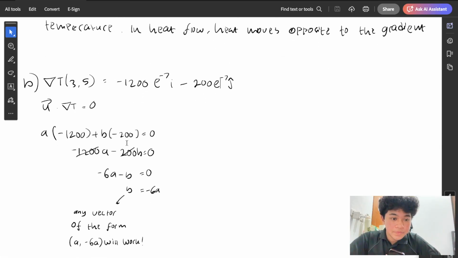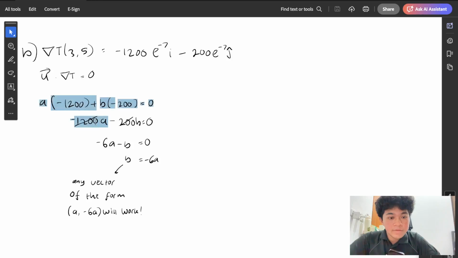Then we did the substitution over here, because we have to find a and b. After we divide all of this by 200, we will get minus 6a minus b is equal to 0. It means minus b is equal to 6a, right?